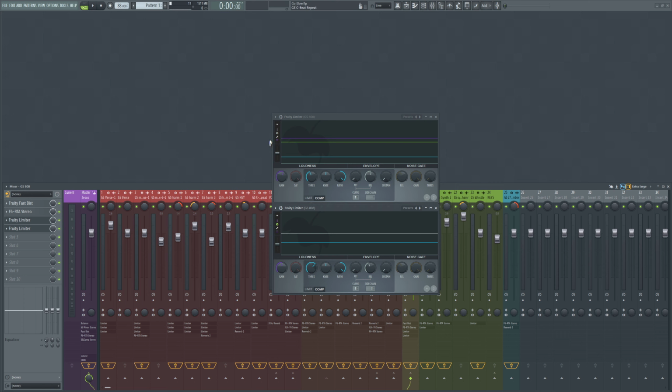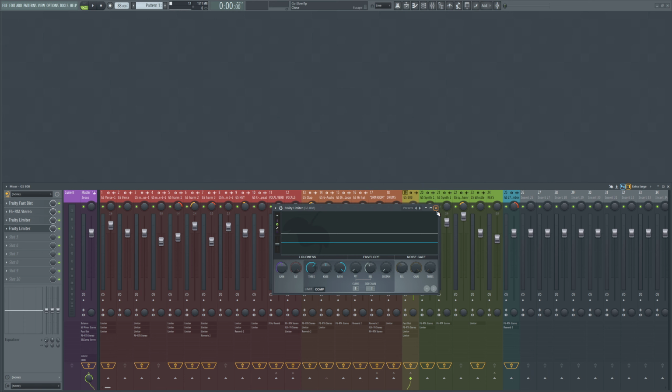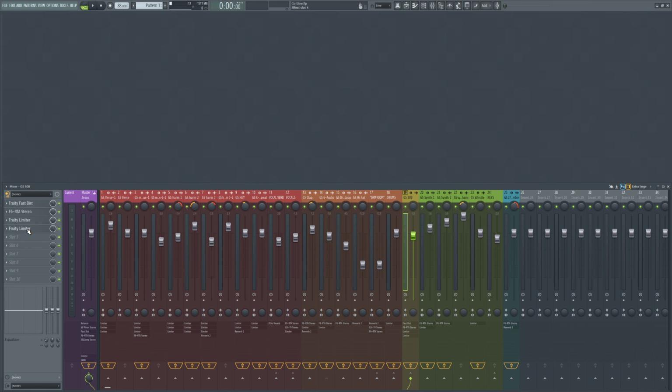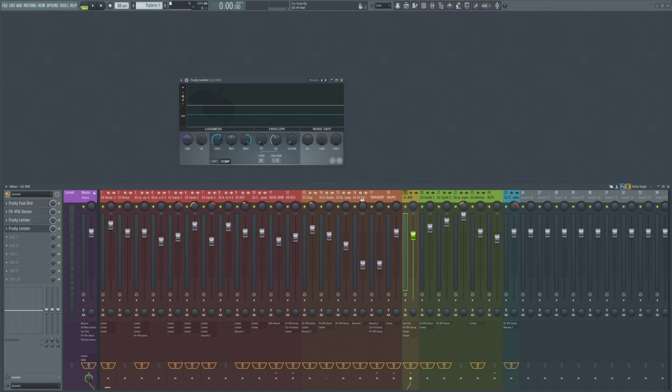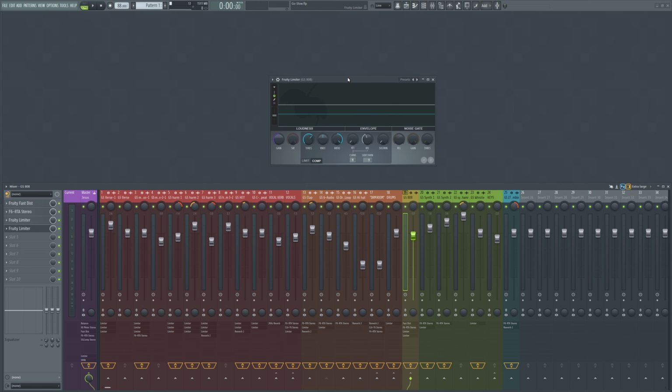The purpose of these compressors, why we stack them together, is so that it will make the 808s sit behind the kick right here in the drums. And I also have this on side chain, and the one that's triggering the side chain on this compressor is the kick.